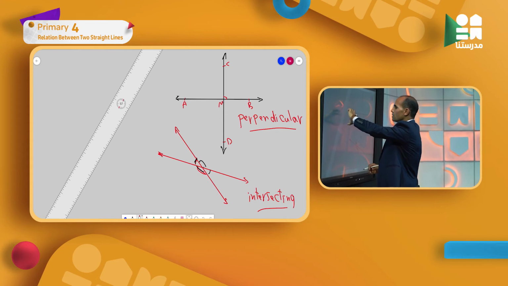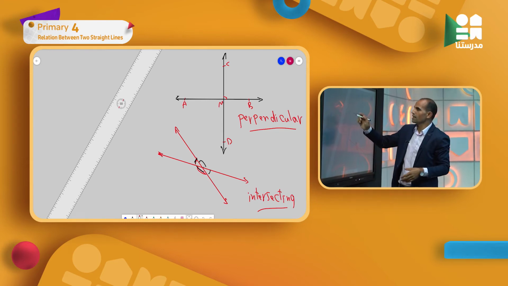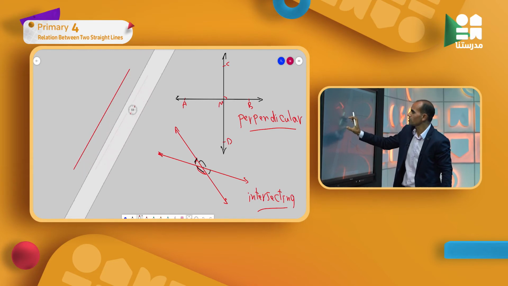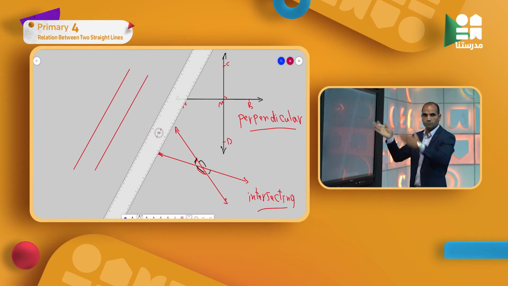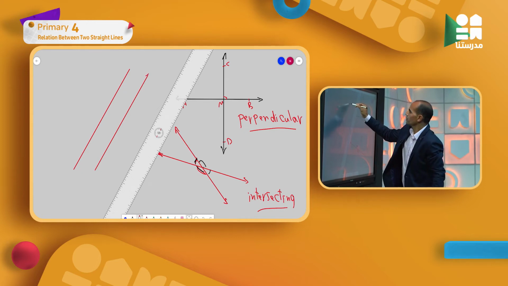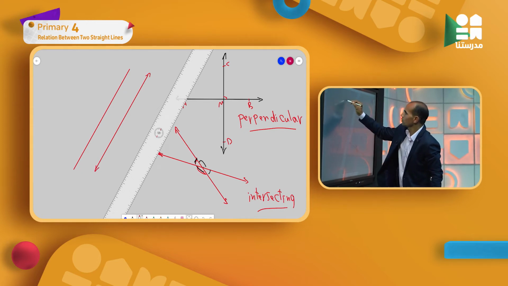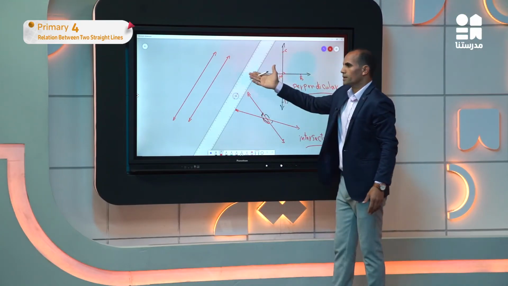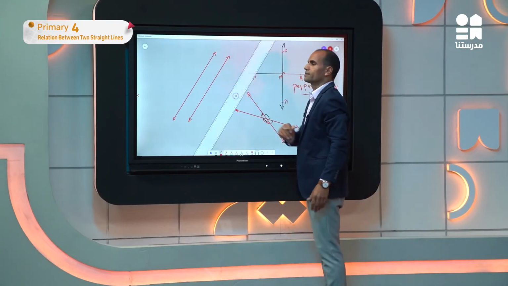What is the relation? This is a ruler and of course we have two edges here. This is one and this is the other one. So we have two edges of the ruler, two sides of the ruler. If we draw two lines using the two edges of the ruler, we will get two parallel lines.